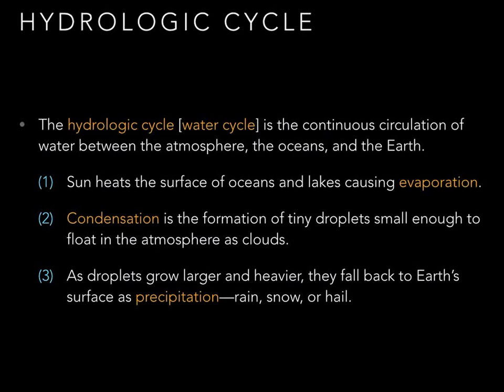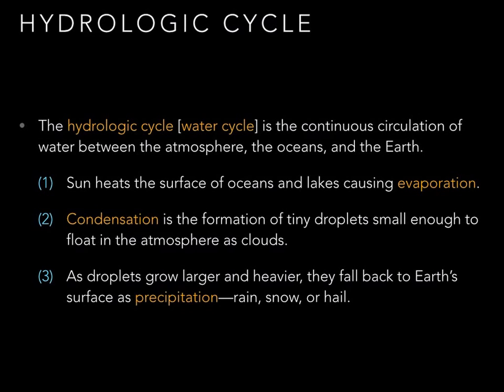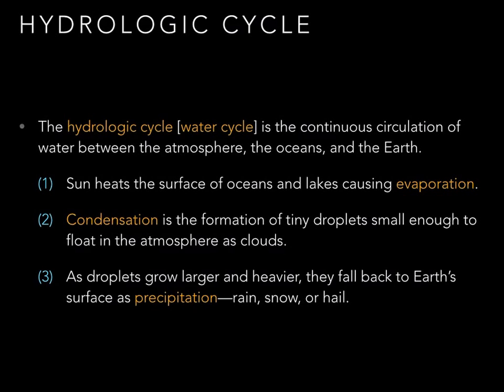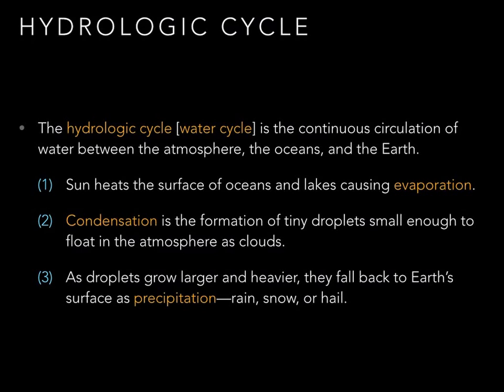Hydrologic cycle. The hydrologic cycle, the water cycle, is the continuous circulation of water between the atmosphere, oceans, and the Earth. The sun heats the surface of oceans and lakes, causing evaporation. Condensation then happens when tiny droplets that are small enough to float in the atmosphere form clouds.